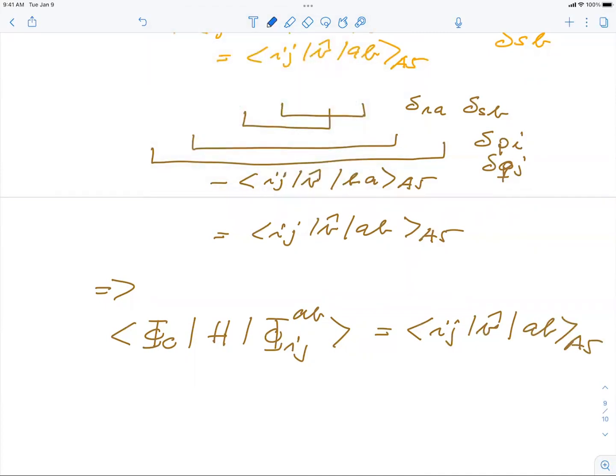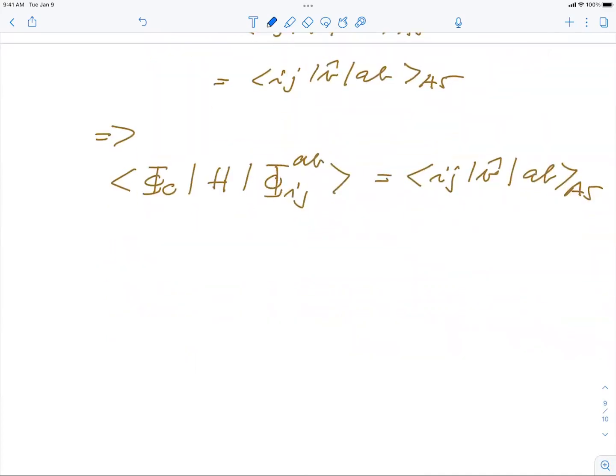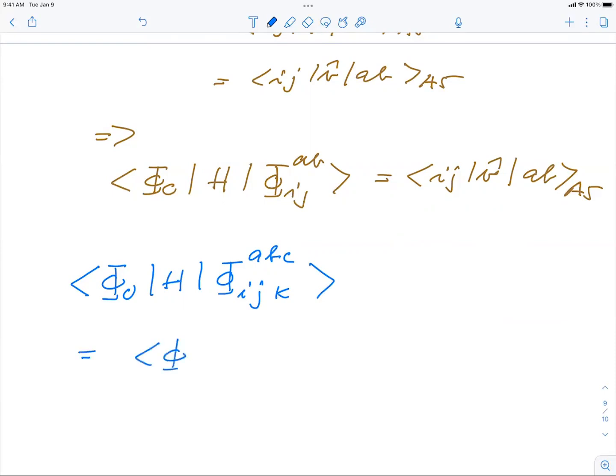Now, we're going to have some of these as exercises, but there are some matrix elements which we can actually now see will be automatically zero. So if I now look at a matrix element like phi 0, and then I take H, and I take a state which is now I, J, K, and A, B, C, a three-body state. So this is going to be given by a phi 0 with a reference state, E0 ref, and I just put the constant outside.